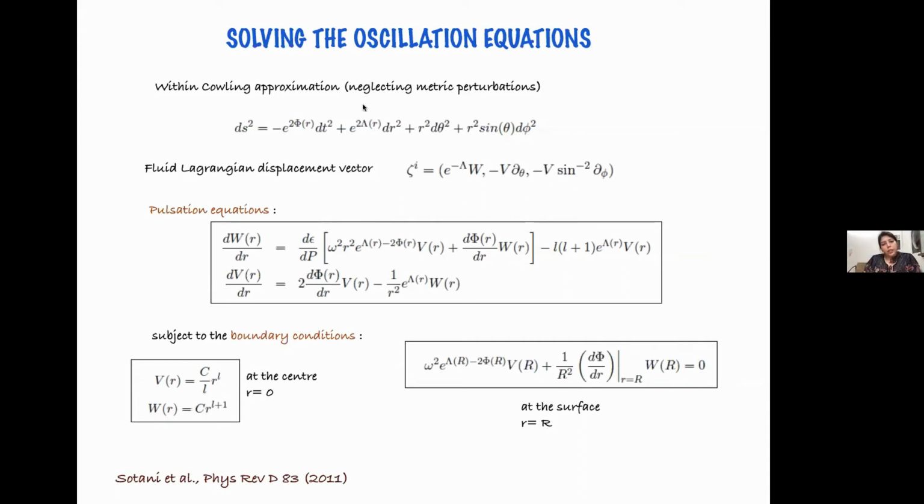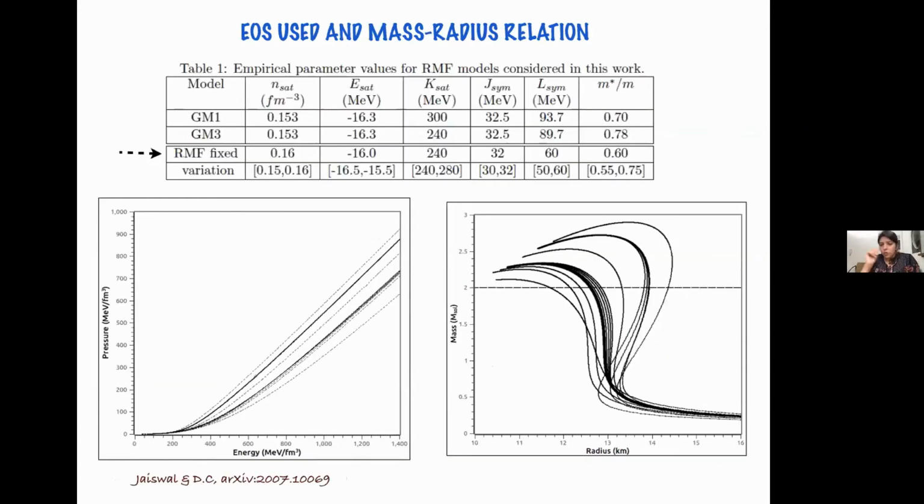So these pulsation modes are solved subject to boundary conditions at the center of the star and at the surface. First we verified our calculations for well-known results from the GM1 equation of state, for example, and then we performed the systematic study by varying one by one the saturation properties of nuclear matter, and tried to see what effect this would bring on the f modes.